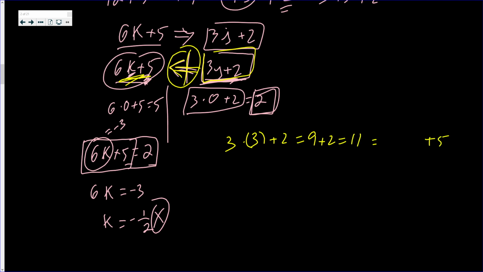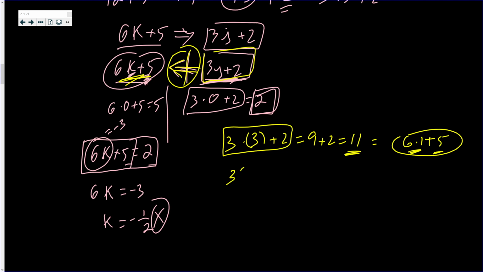Well, I want to have plus 5. Oh, that's 6 plus 5. So yes, this 11, which is in the form of 3j plus 2, is also of the form 6k plus 5. And there are going to be many of those numbers.